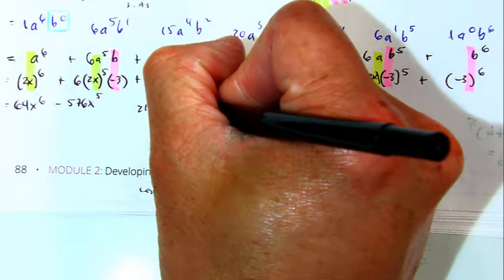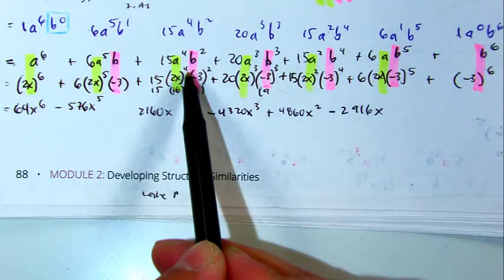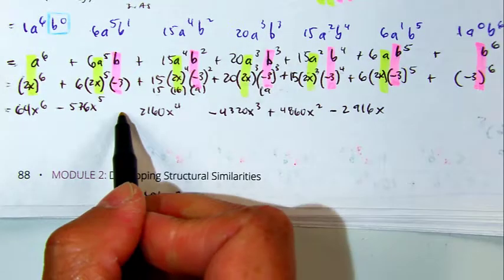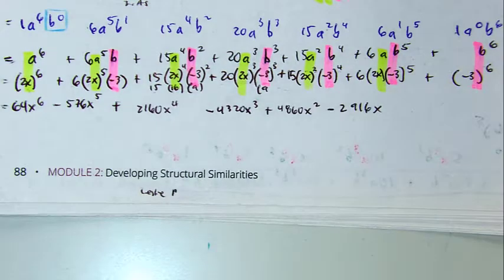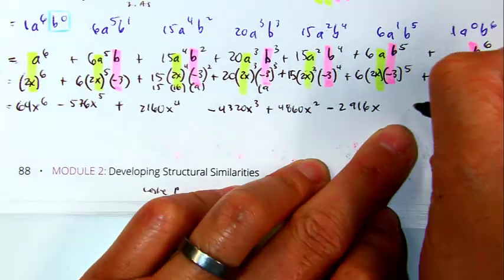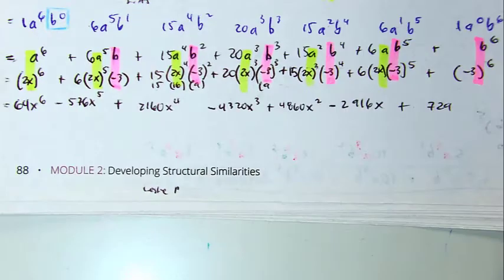X to the what? Positive or negative? Good. And the last one, Lana. Positive or negative? Positive. Good. There it is. Let's box it.